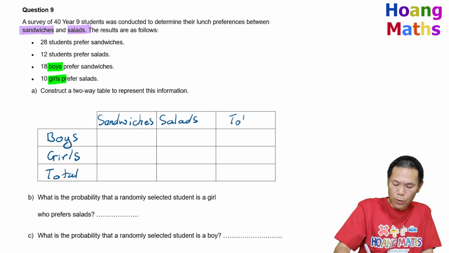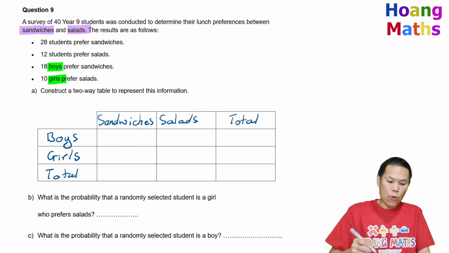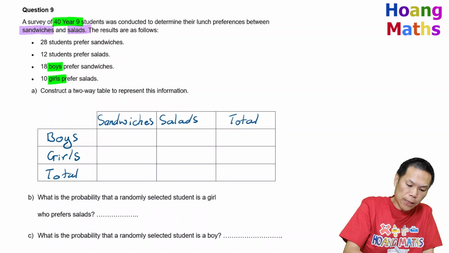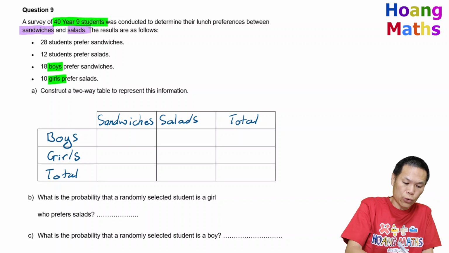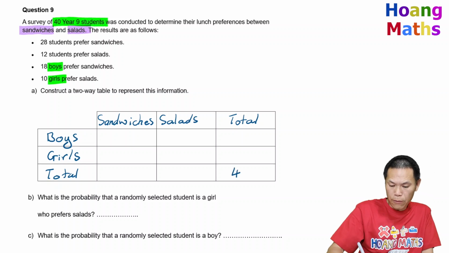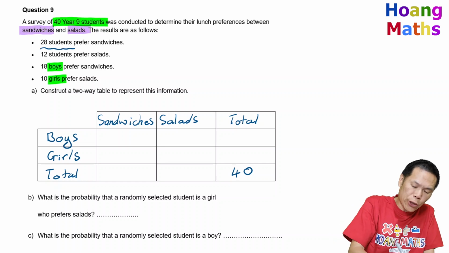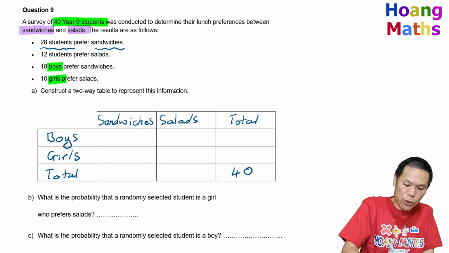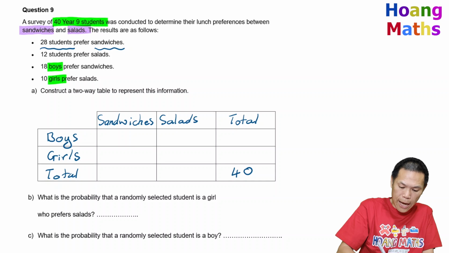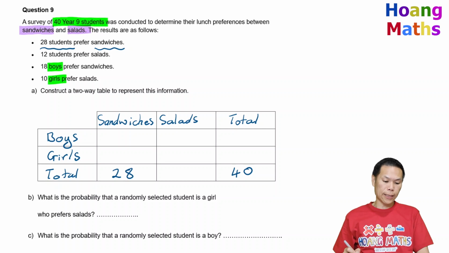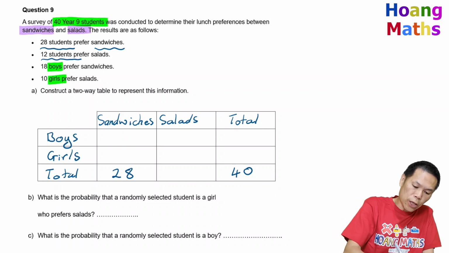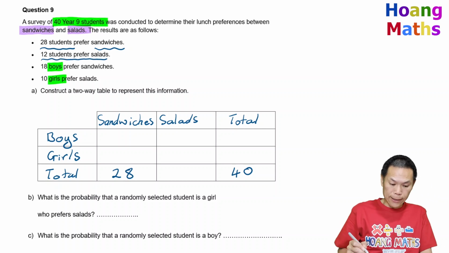And this is total. Now we have 40 year 9 students altogether, so this should be 40. And we have 28 students who prefer sandwiches, so 28 students altogether who prefer sandwiches. And we have 12 students who prefer salads.